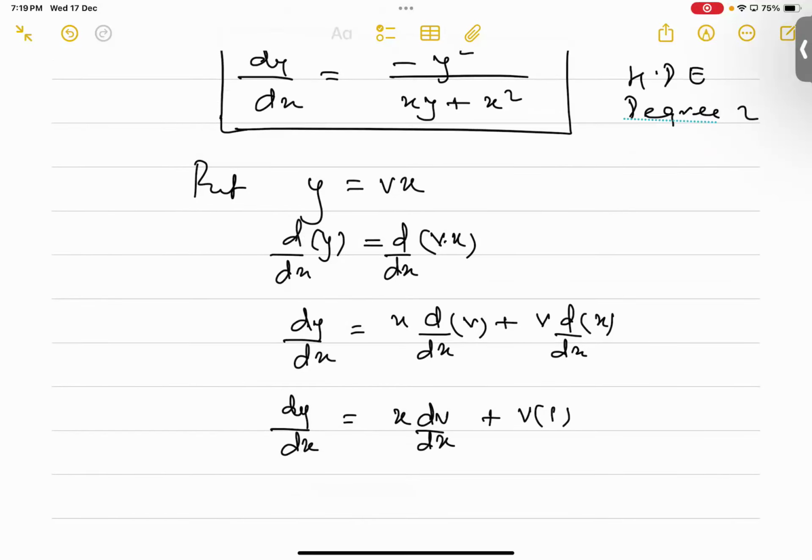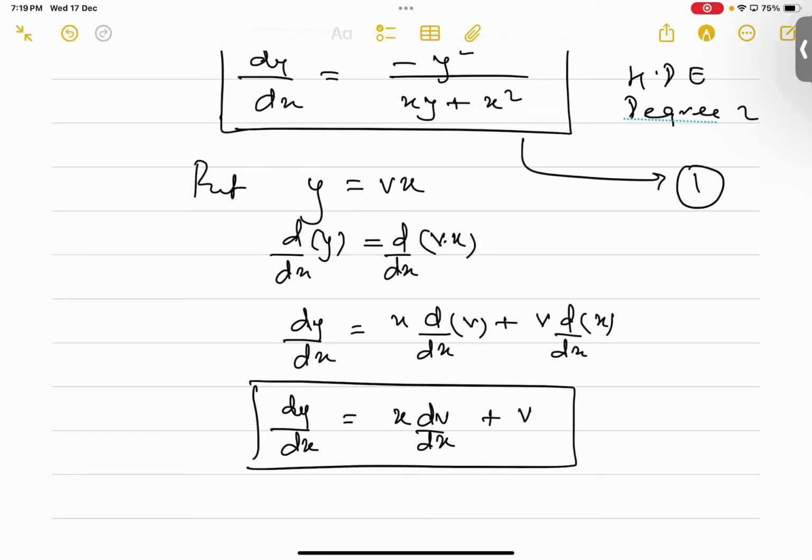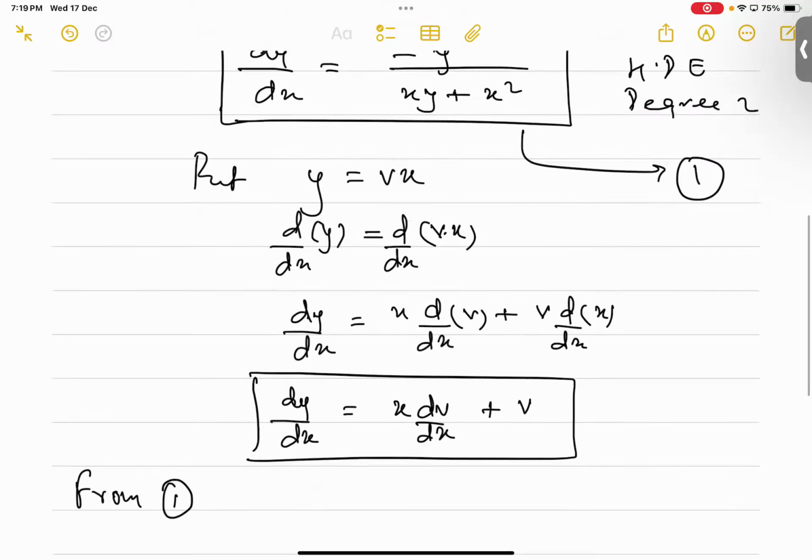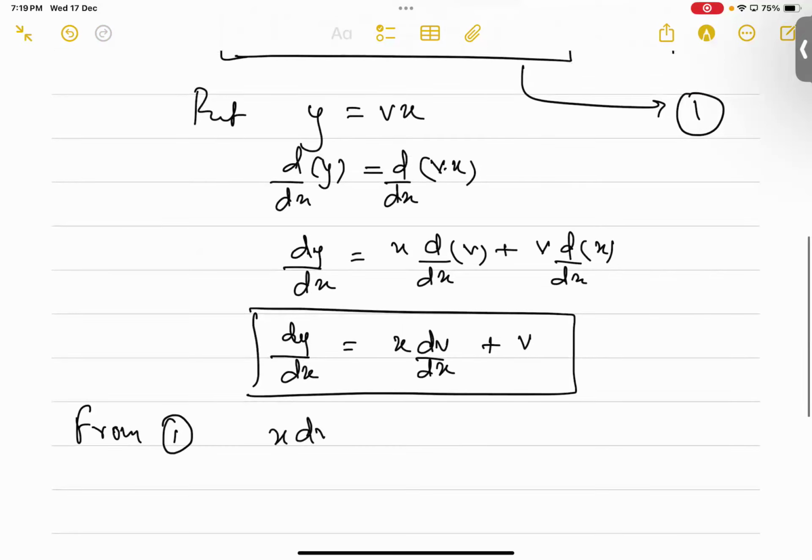Correct? Or rather, we'll just write down plus v, because d by dx of x is 1. Okay. Now from 1, can someone tell me what changes I'm supposed to do in 1? x dv by dx plus v.